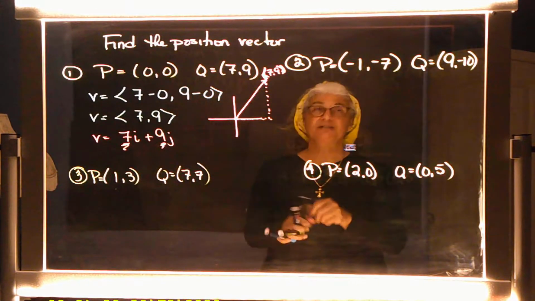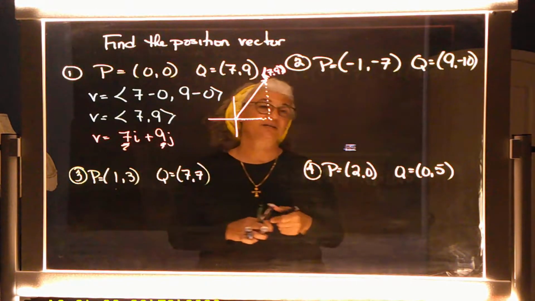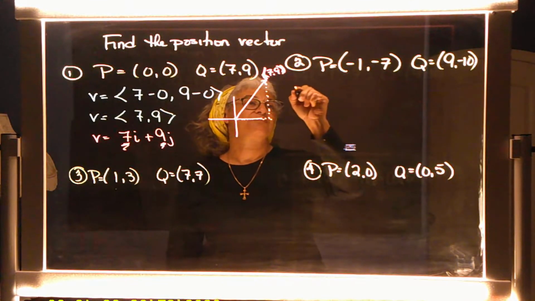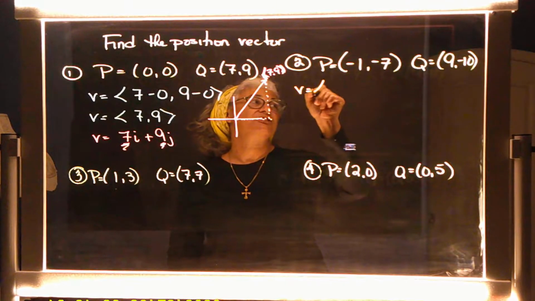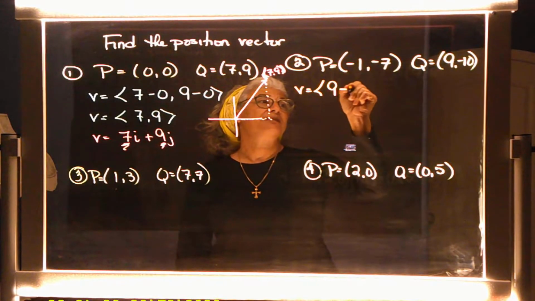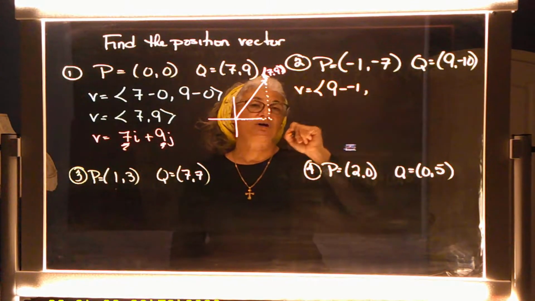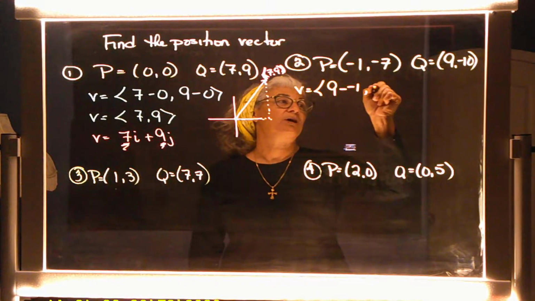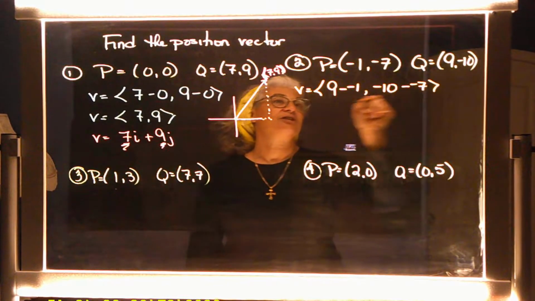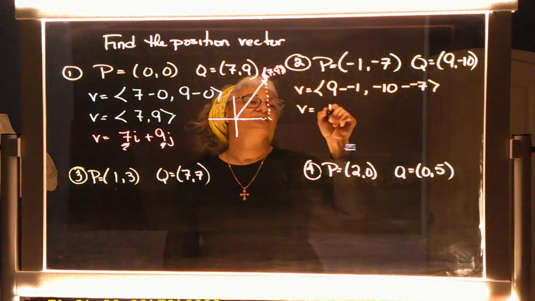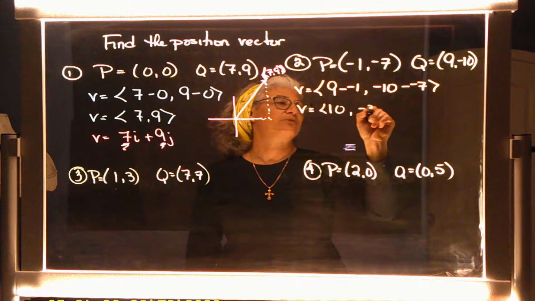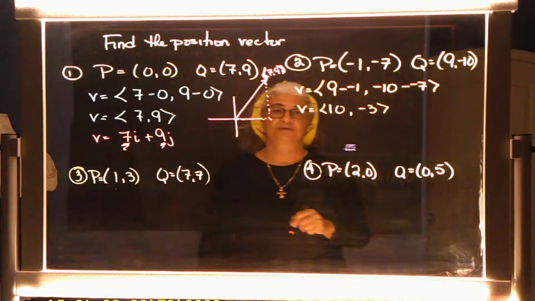Number 2 clearly does not have the initial point being at the origin. So let's find this. To find my position vector, I'm going to take the terminal x, which is 9, minus the initial x, which is -1, and the terminal y, -10, minus the initial y of -7, which would give me 10 and, what is that, -3? Cool.